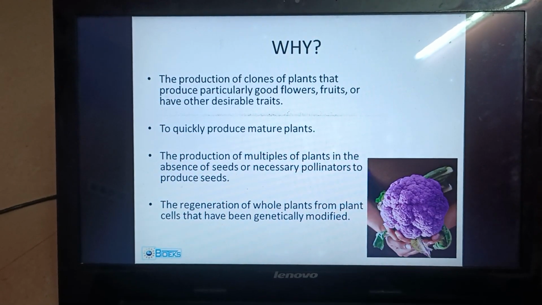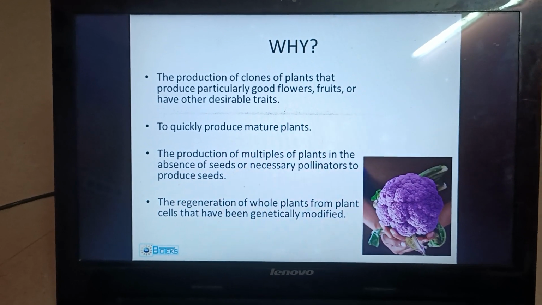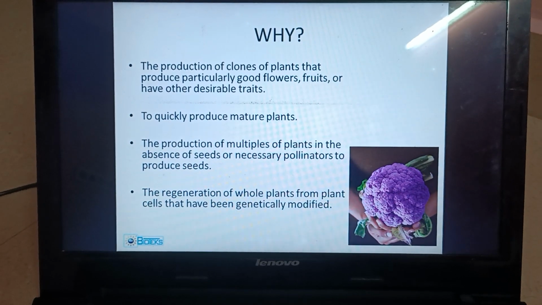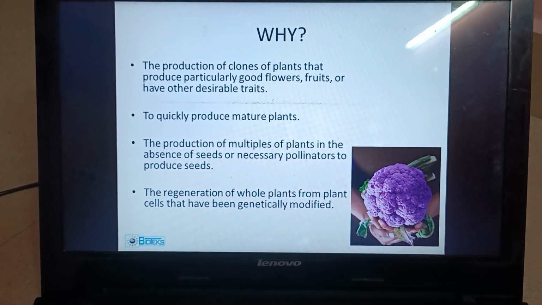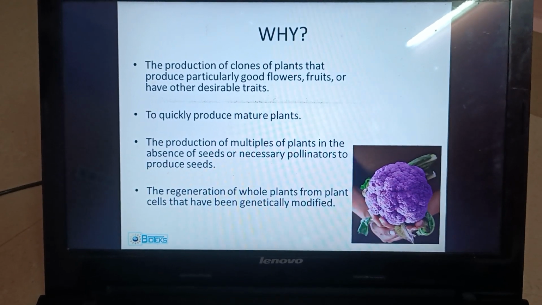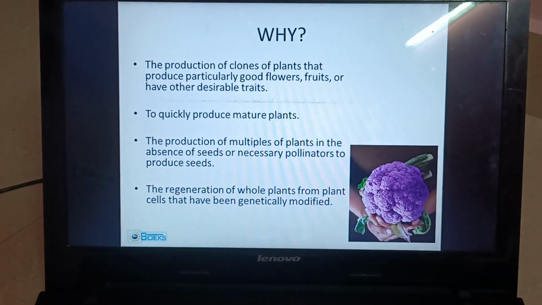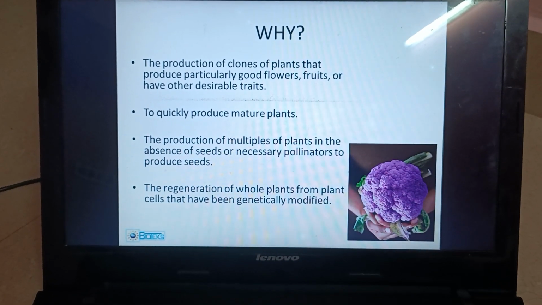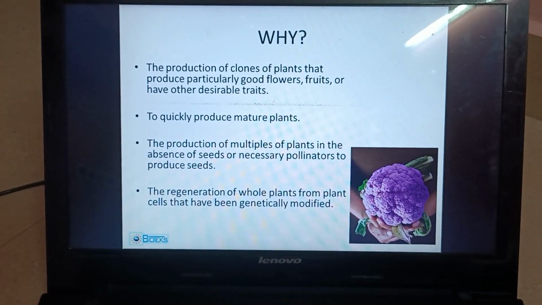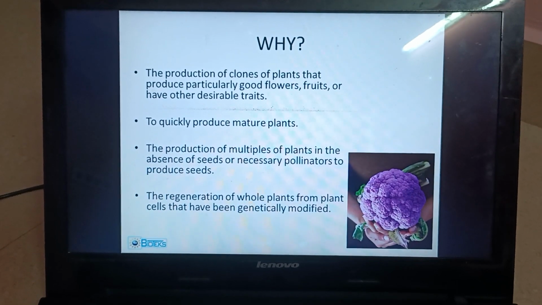Okay, and why do we do this plant tissue culture? Any idea? Before we do this, we should know the importance of the specific plant. It may be that the leaf has some medicinal properties, or the entire plant has medicinal properties.